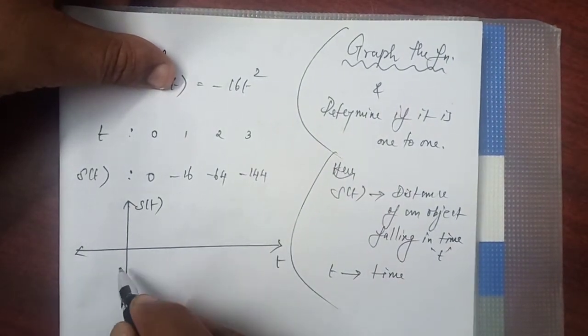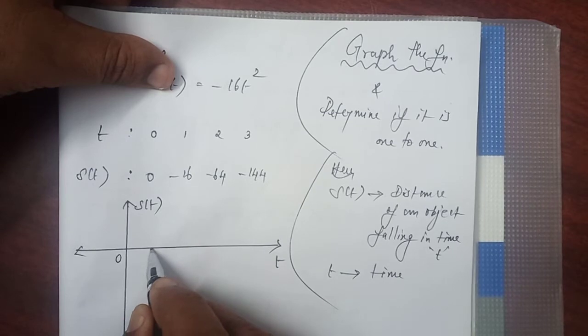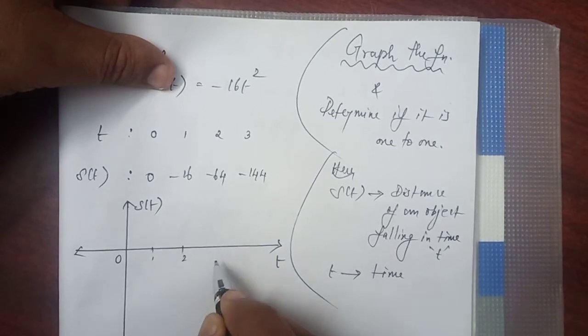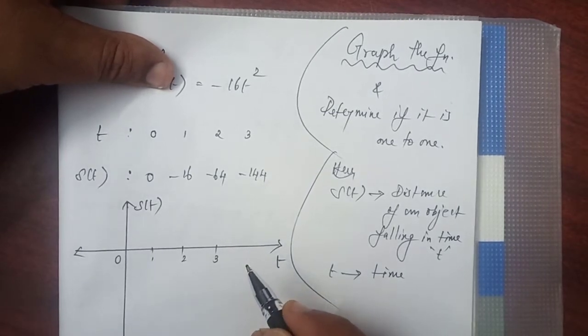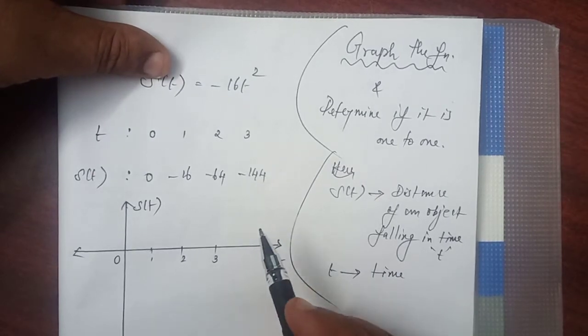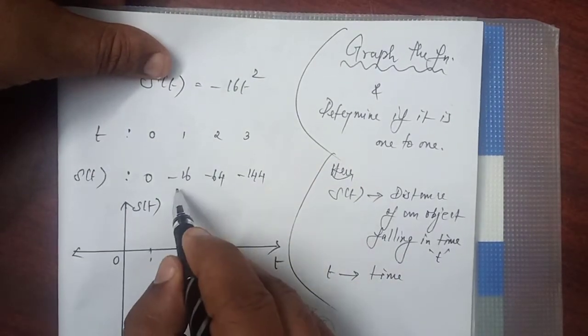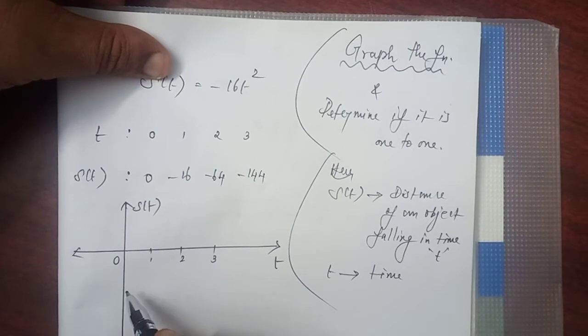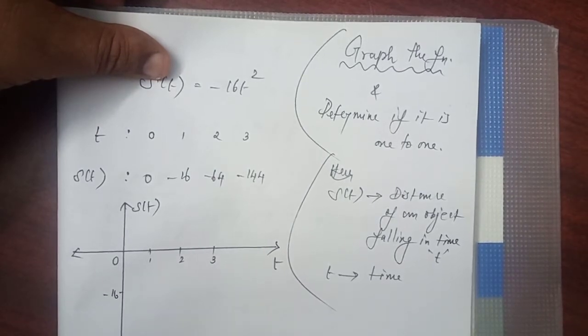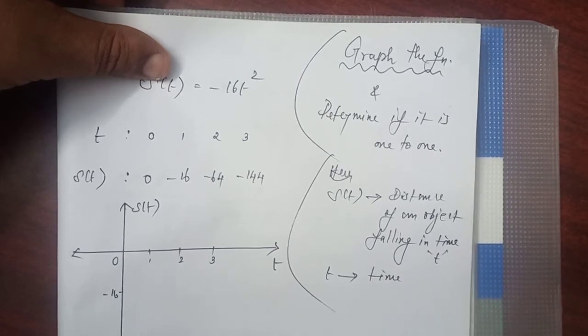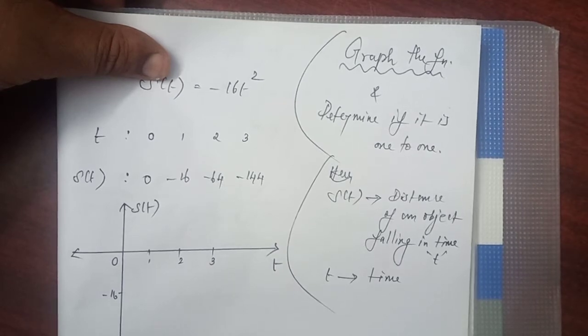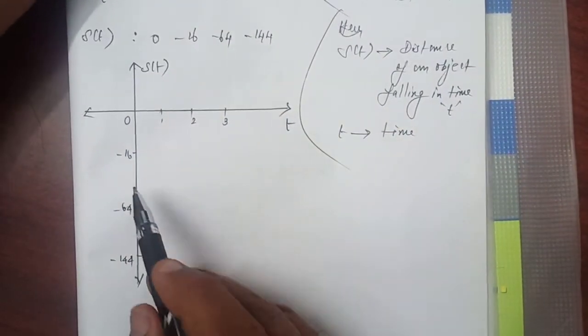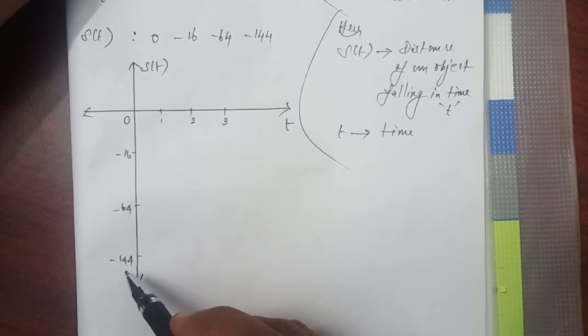Here we have taken t as 0, 1, 2 and 3. So what are the points? Approximately I take minus 16 over here, minus 64 over here, minus 144 over here, right?